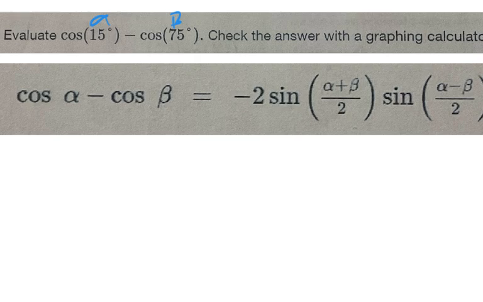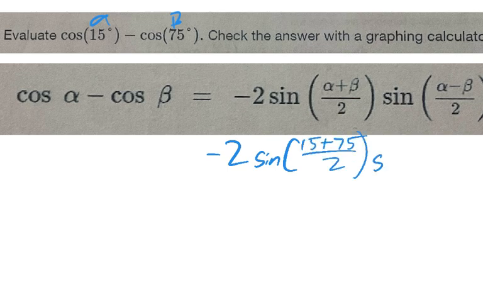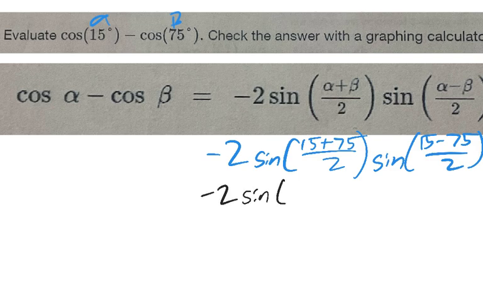So I'm going to have -2 sine of alpha plus beta over 2 sine of alpha minus beta over 2. Simplify my angles. This becomes 90 over 2, which is 45. This becomes -60 over 2, which is -30.